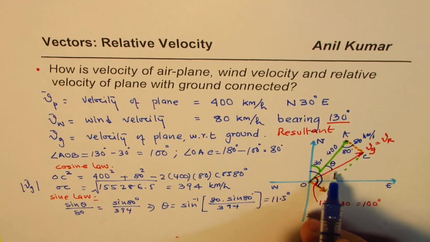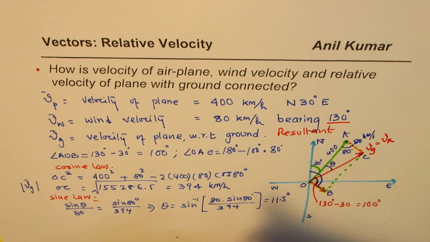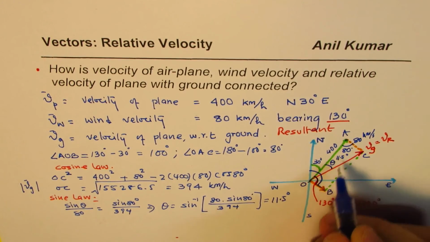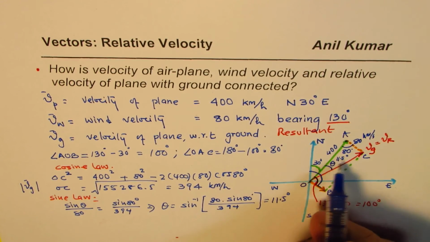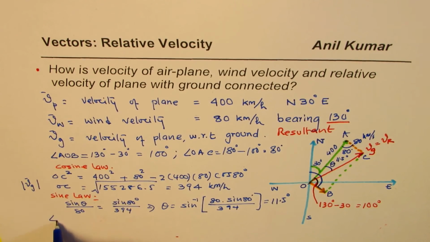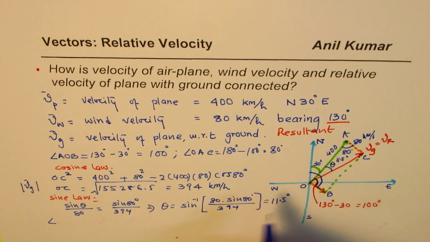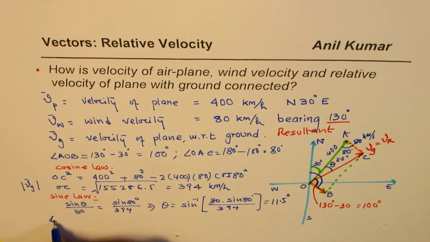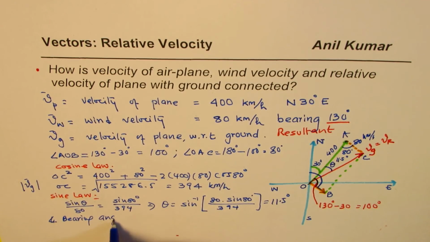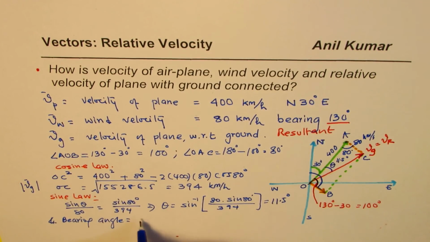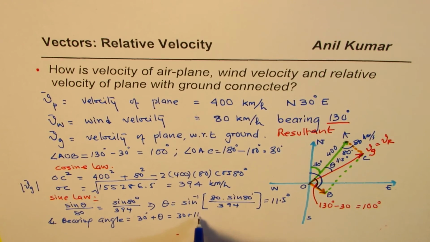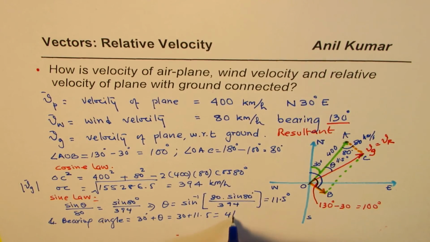So theta is 11.5 degrees. So since this is 11.5 degrees, the bearing angle will be 30 plus 11.5. Is that okay? So the bearing angle, which is from north, will be 30 degrees plus theta, which is 30 plus 11.5 or 41.5.